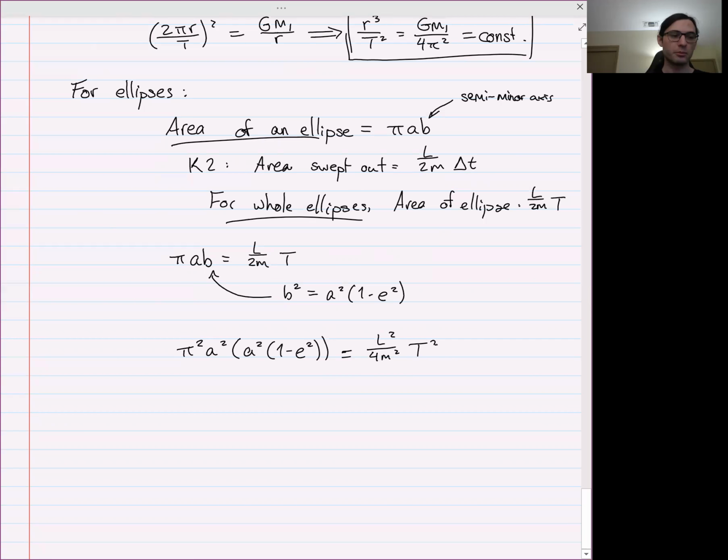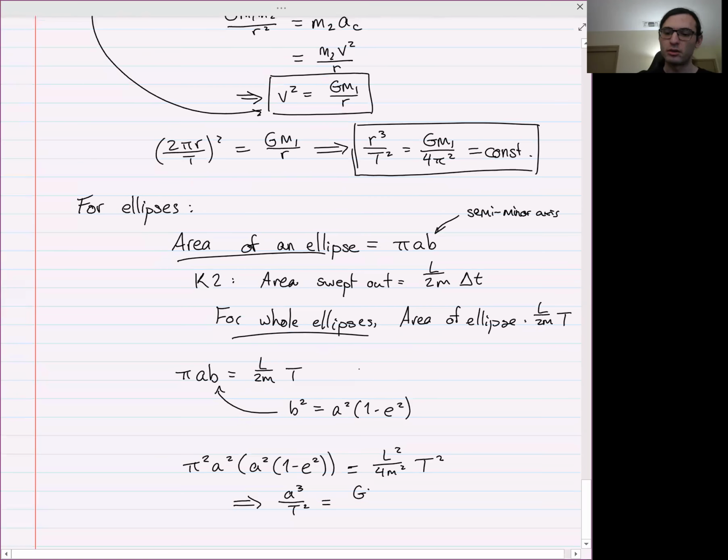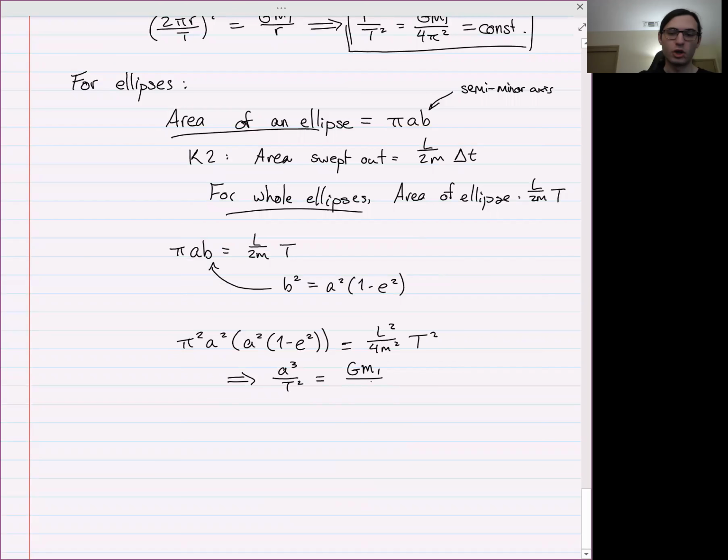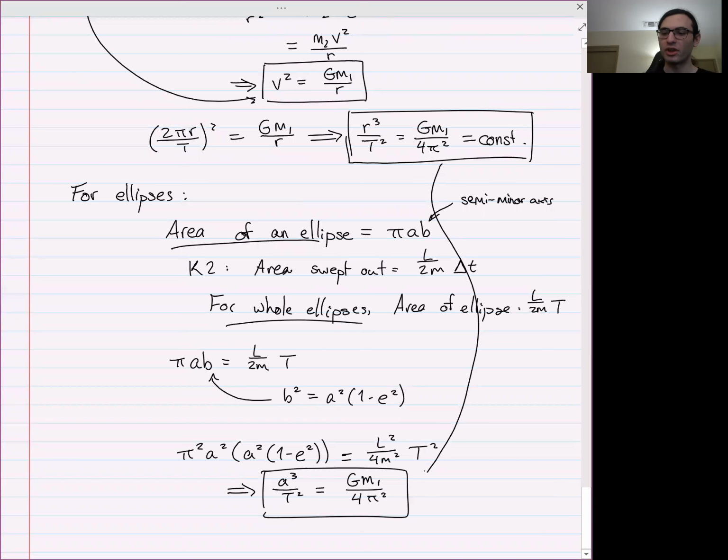Do a whole bunch of canceling and simplification, and you end up with a cubed divided by T squared is equal to g m1 over 4 pi squared. Which, if you look above, is the same formula that we had there, so it's just a little bit harder to derive for an ellipse.